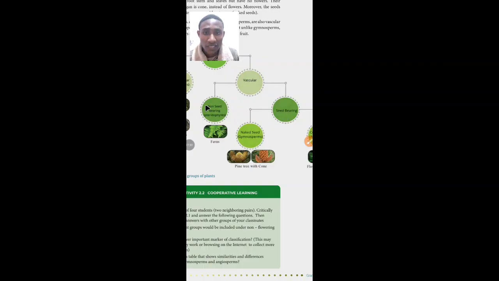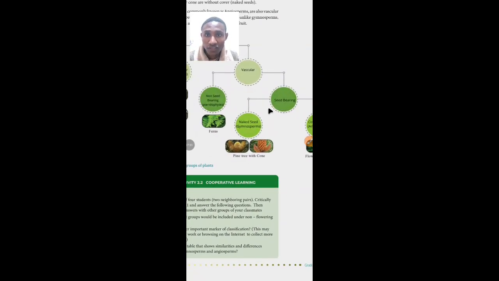Those non-seed bearing plants are generally known as pteridophytes or ferns. Those ferns are vascular, but they do not bear seed. Mostly, those ferns reproduce by the spore dispersal method.